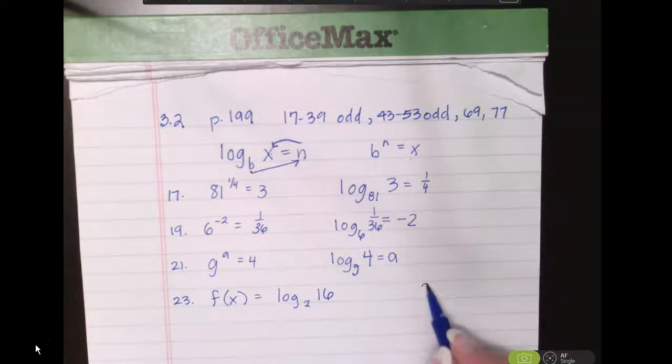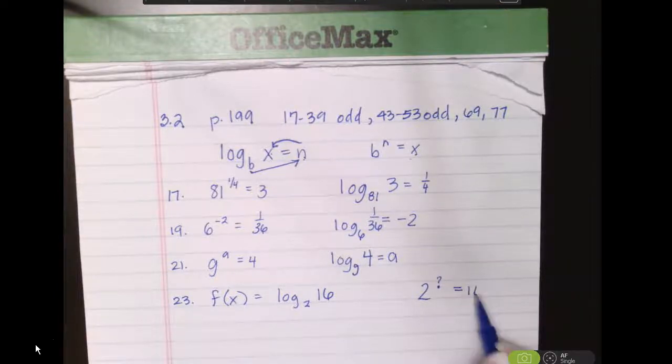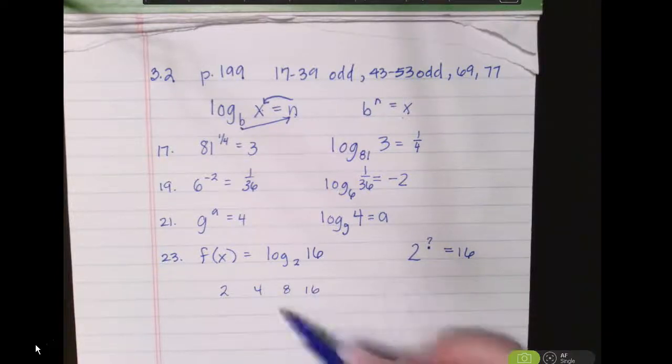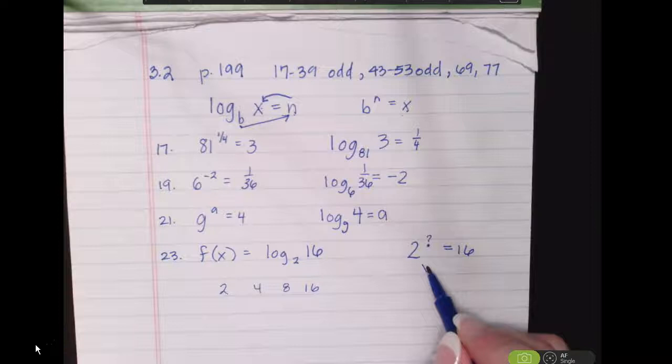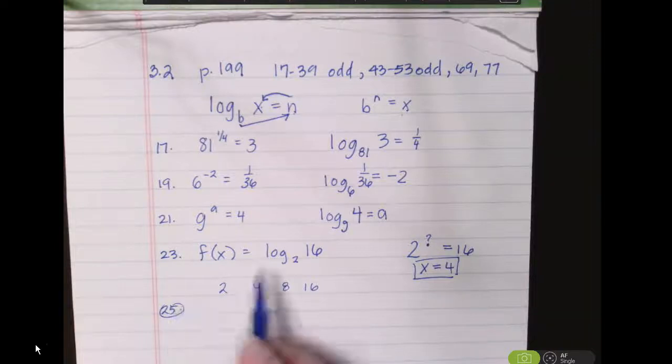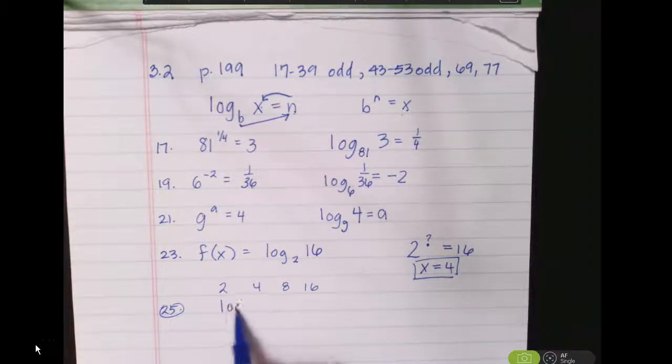So 2 to the what gives me 16. Well, I know my powers of 2 by heart. You might not, but it goes 2, 4, 8, 16. So I know that 2 to the 4th power equals 16.